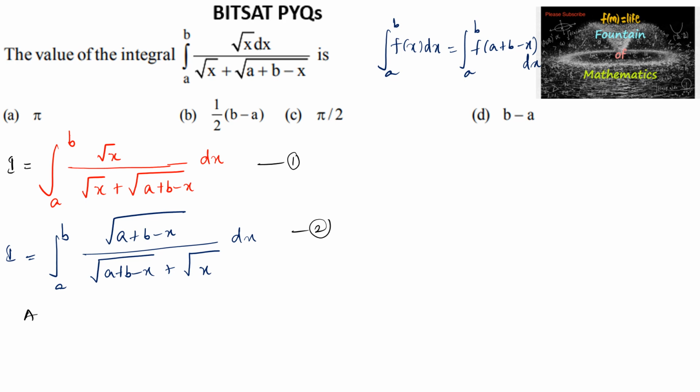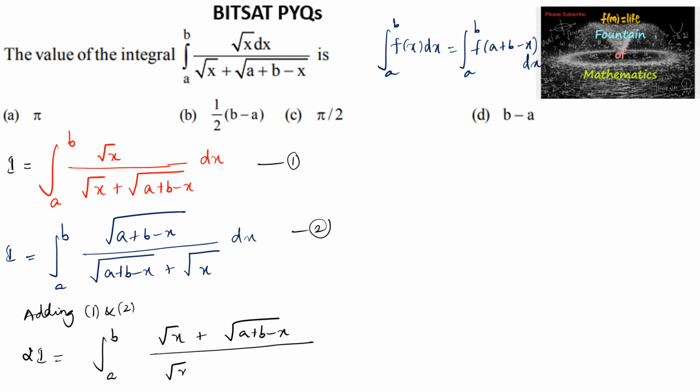Adding 1 and 2, we get 2I is equal to, both the limits are same, integral a to b of root x plus root of a plus b minus x divided by root x plus root of a plus b minus x dx. So both are same, they cancel.